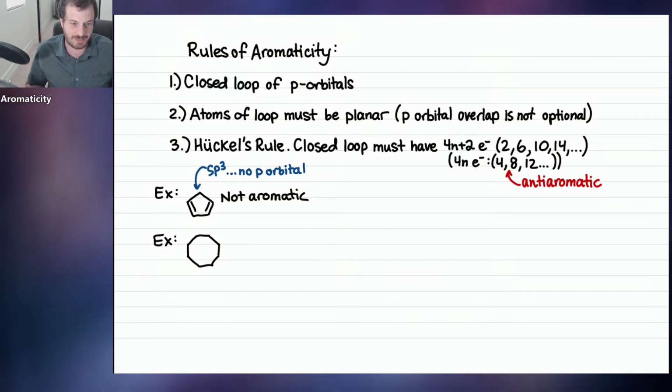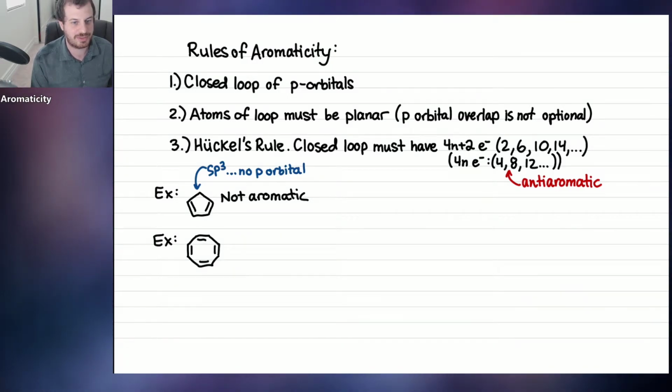I call this the stop sign molecule. So just draw an octagon, put some alternating pi bonds in there, and let's evaluate. So it turns out that this seems to meet criteria number 1, in that we have a closed loop of pi electrons. We have a p orbital on every atom. It seems to meet criteria 2. It looks pretty flat to me.